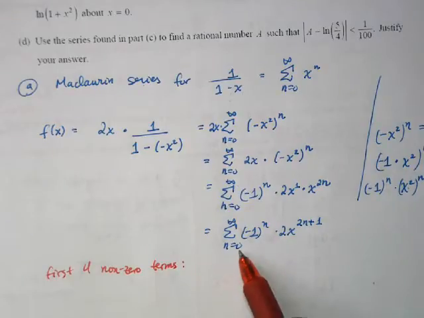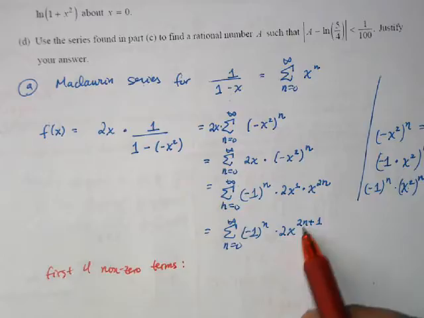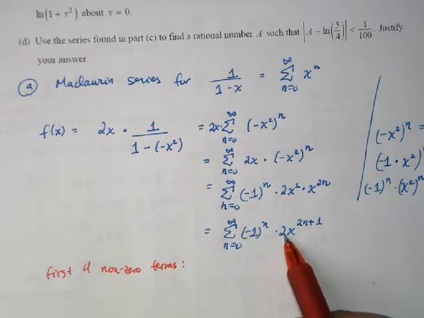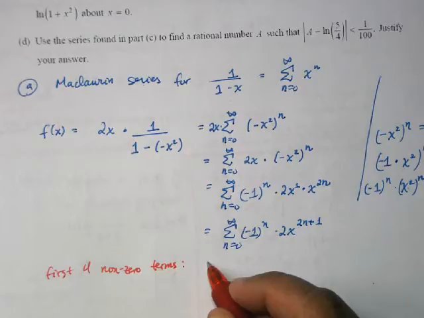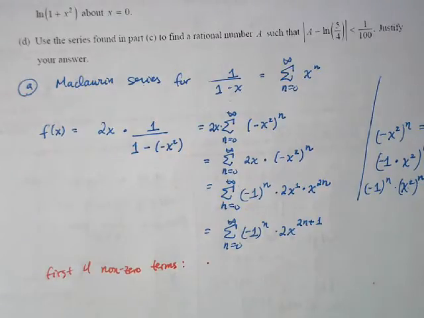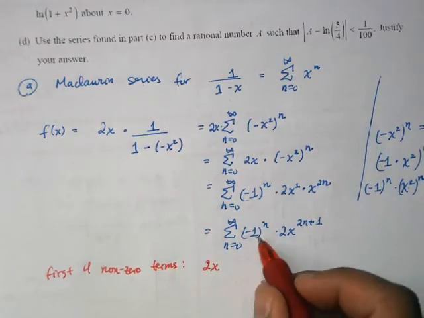Well, if I plug in 0 for n, the negative 1 to the n becomes 1. This becomes 2 times x to the first. So that's just 2x.